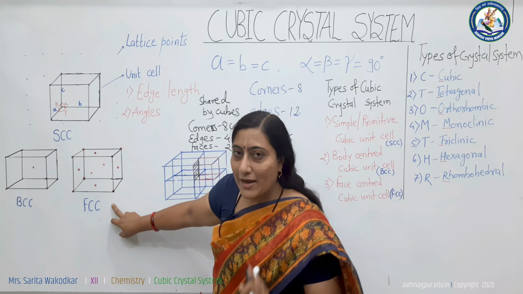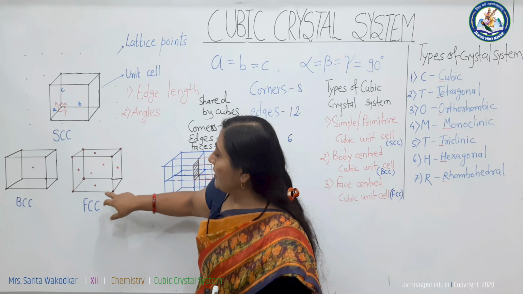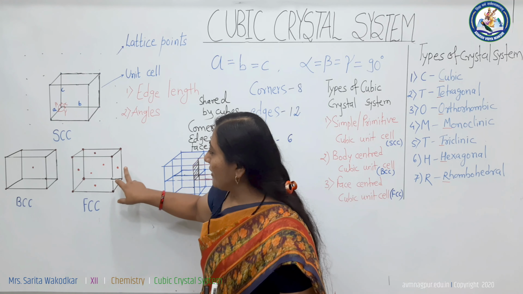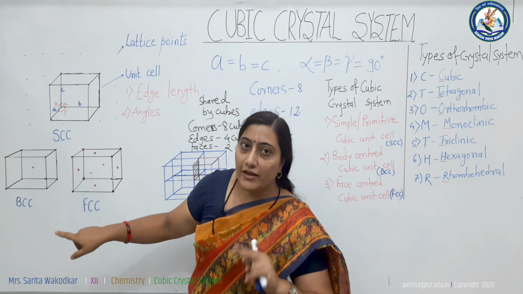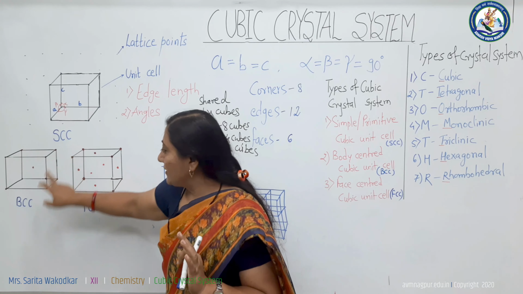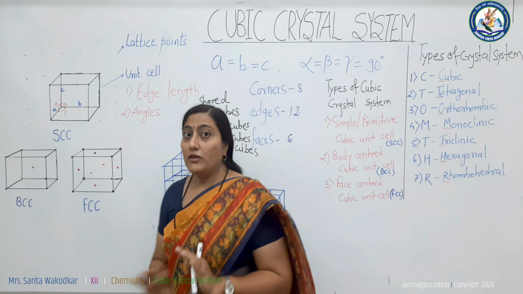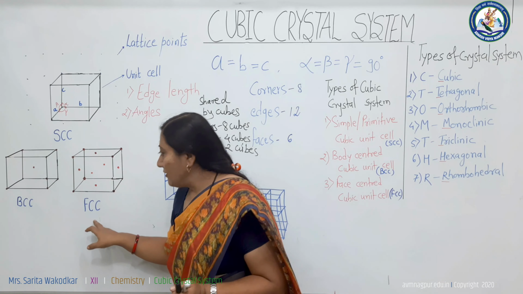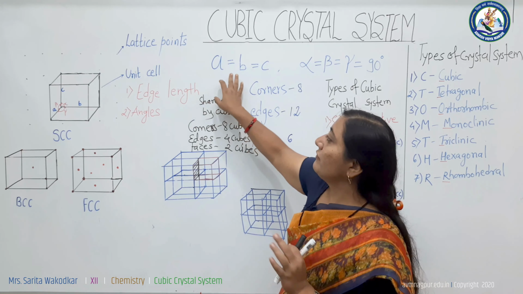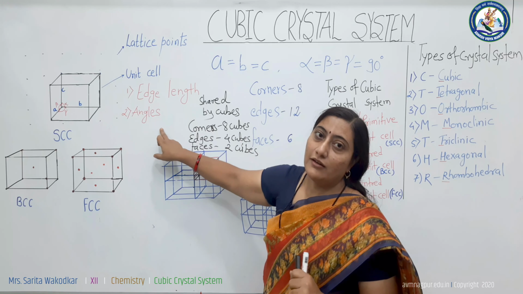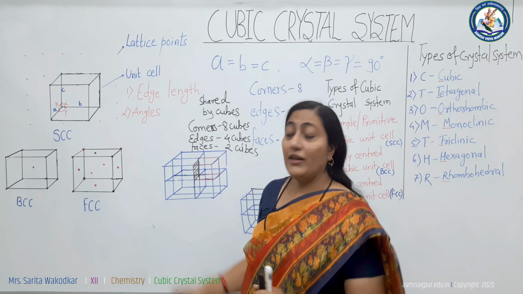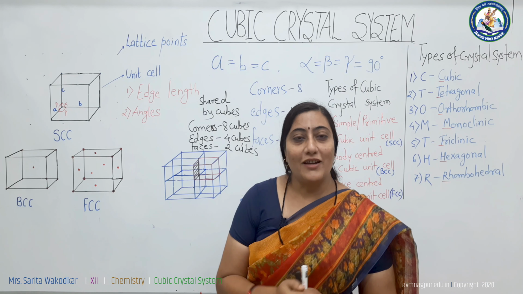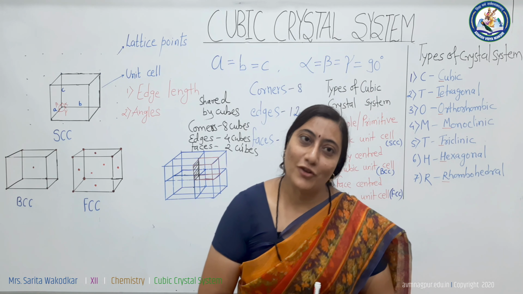And this is the FCC: 8 corner particles plus 1 at the center of each face. So this is about SCC, BCC, FCC. No doubt, for these three the edge length and angle values are the same. I hope this will definitely help you while studying the solid state. Okay, thank you.